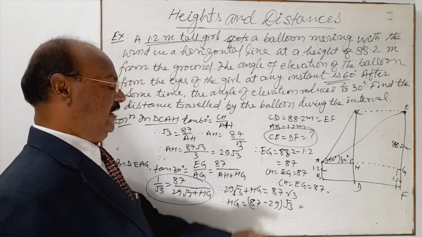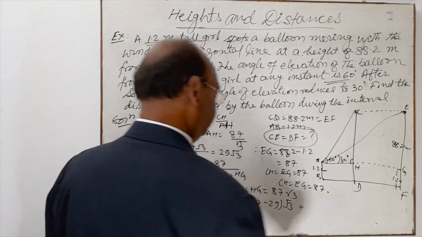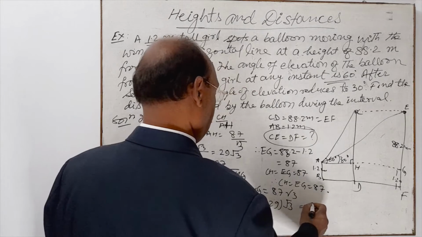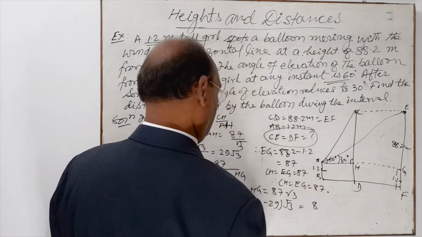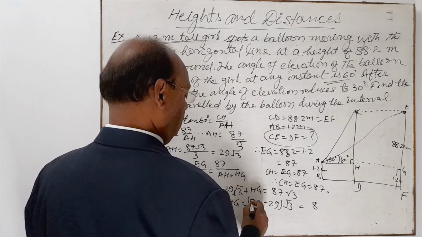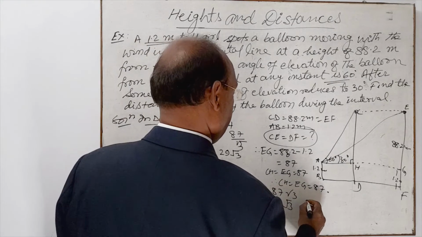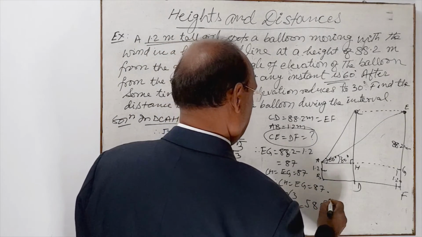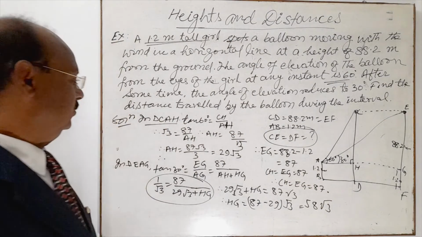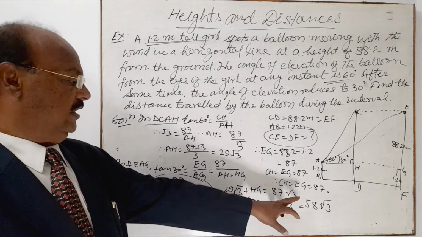And 87 minus 29 is equal to 58 root 3. So this is the required answer.